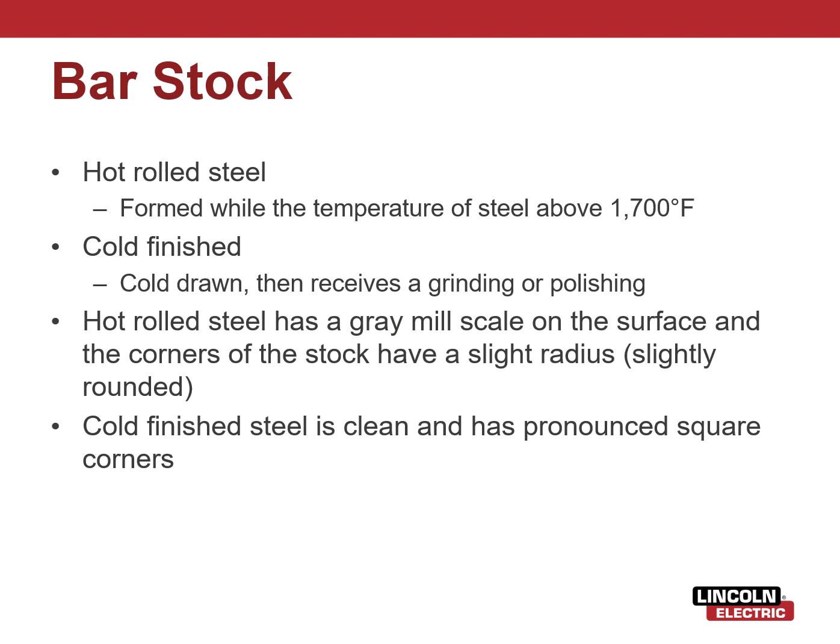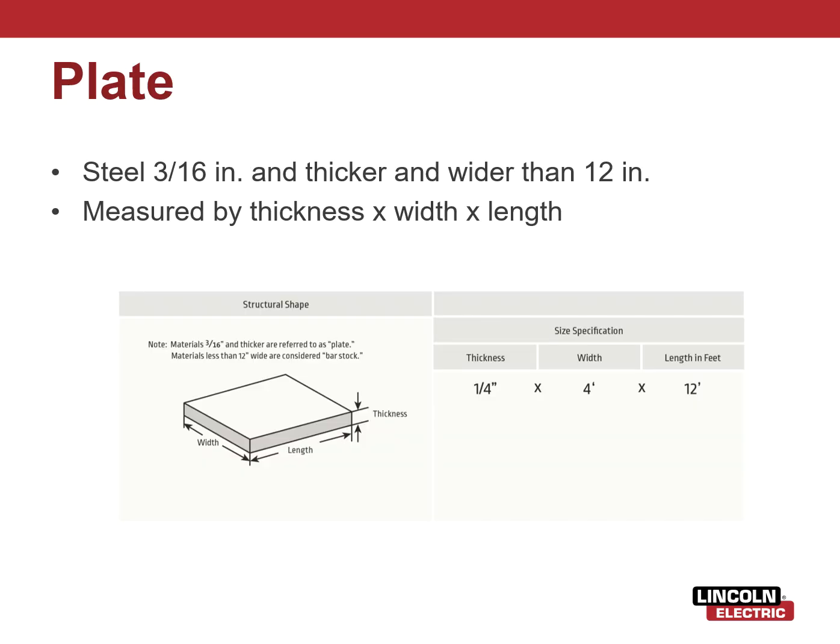at 1700 degrees. Okay, so plate. This is 3/16 inch and thicker. It is considered plate if it is 3/16 inch and thicker, and wider than 12 inches. But most commonly, just above 3/16, it's usually plate. Treat it like plate.